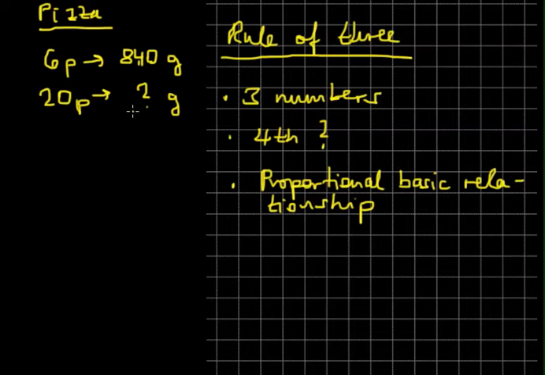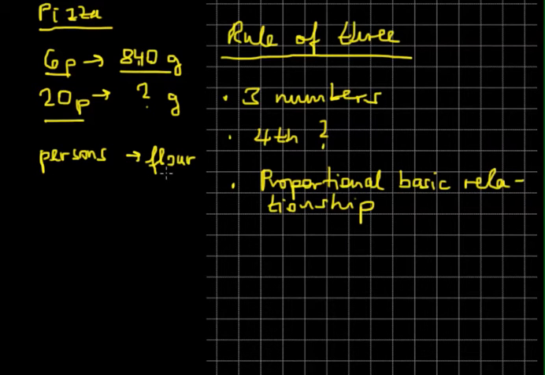So this is a typical everyday life problem where you have got three numbers. You are looking for a fourth number for a solution here, which is based on a relationship between persons and flour in this case.